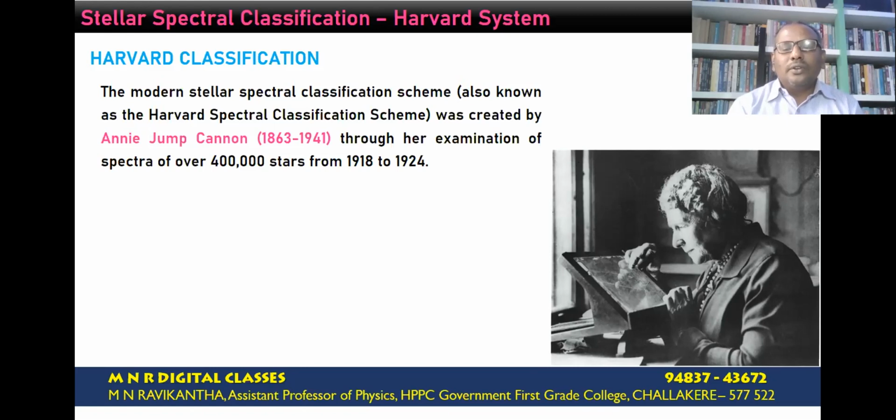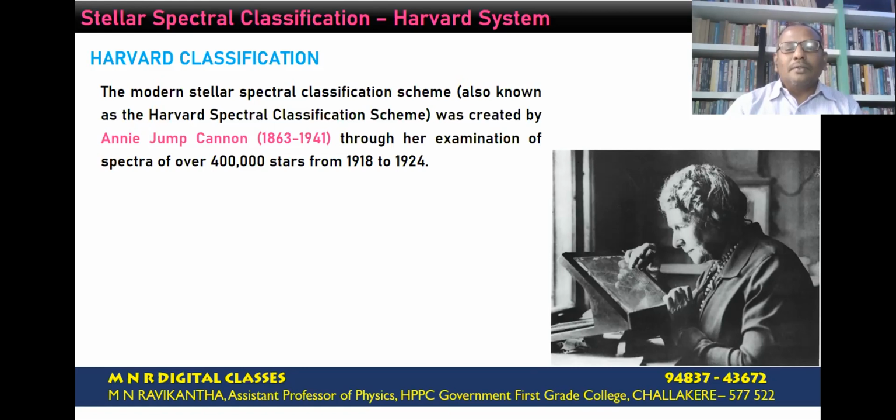She also used types such as B5A for stars halfway between B and A, and so on. Finally, with all these modifications made over a span of 11 years, in 1912, Annie Jump Cannon had changed the types of the stars into different classes. And finally, she came out with the modern spectral classification scheme, which is known as the Harvard Spectral Classification Scheme.